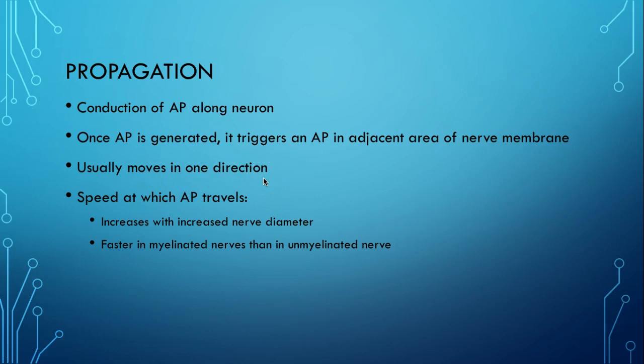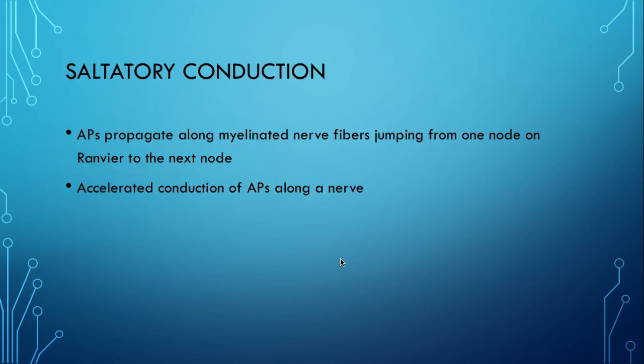We've already talked about this, that the speed is determined by the size or diameter of the nerve and whether it's myelinated or unmyelinated. And we know the fastest ones are the large diameter myelinated nerves, and the slowest ones are the smaller unmyelinated nerves. Saltatory conduction is when the action potential is propagated along the myelinated nerve fiber, jumping from those nodes of Ranvier.